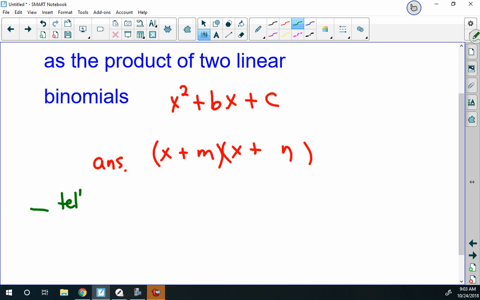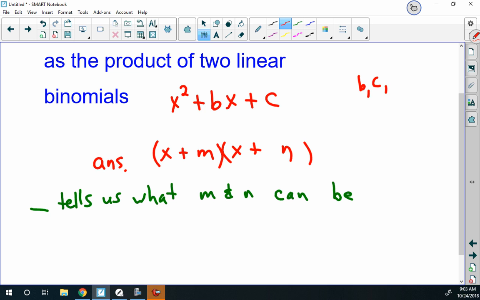Something tells us what numbers M and N can be. M and N, keep in mind, are going to be numbers. I should probably say something about that on the side.